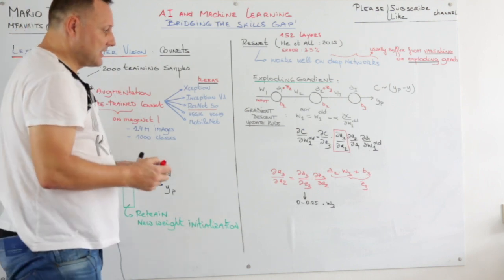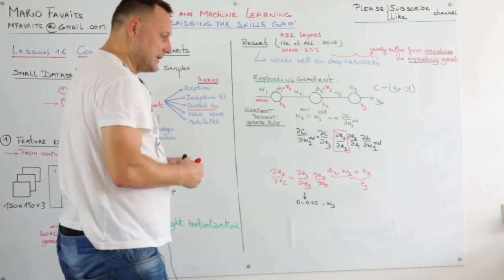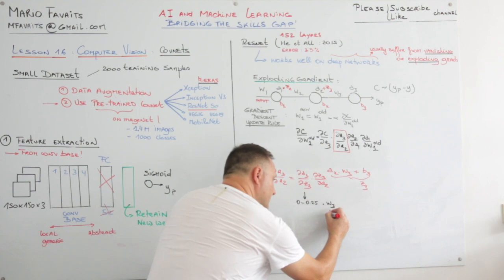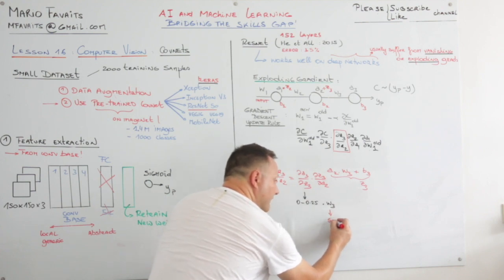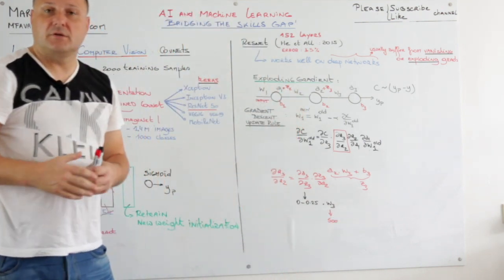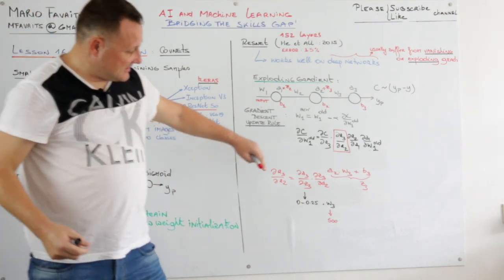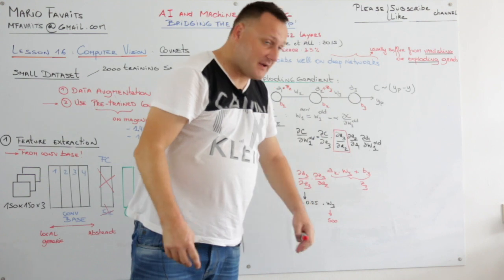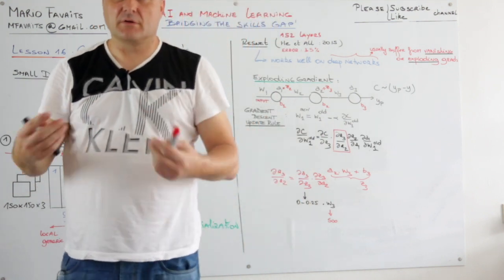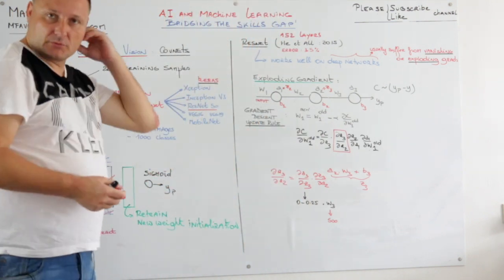So here is your risk for exploding gradient, because W3 could be 500, and you just initialize randomly. And imagine that you go deeper, then this 500 is multiplied with bigger numbers and your gradient will explode.